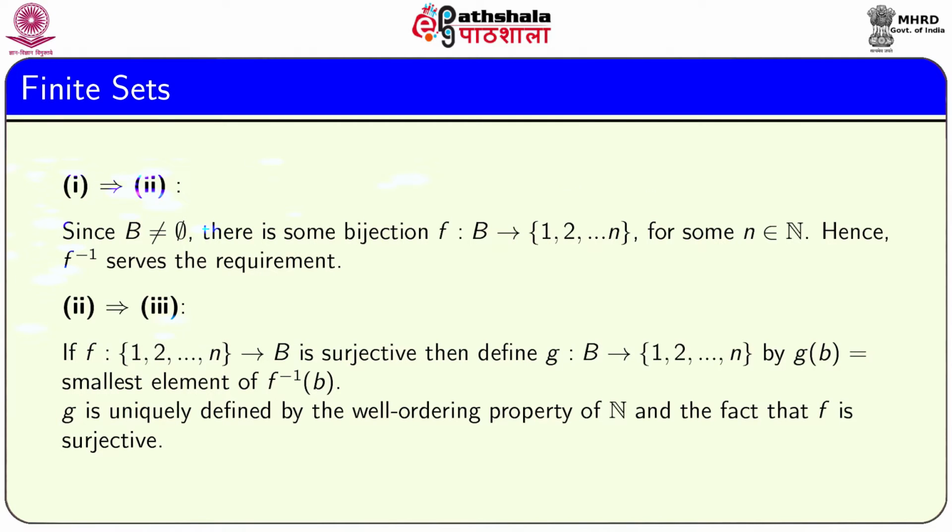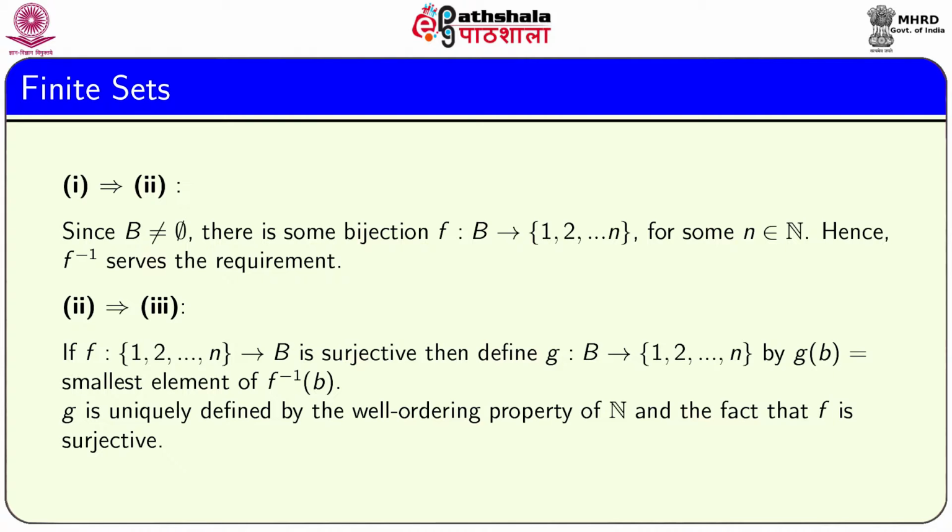G is uniquely defined by the well ordering property of the natural numbers, and using the fact that f is surjective. What do we mean by that? If we take any point b from capital B, we have to have one element as its image in the set 1 to n.